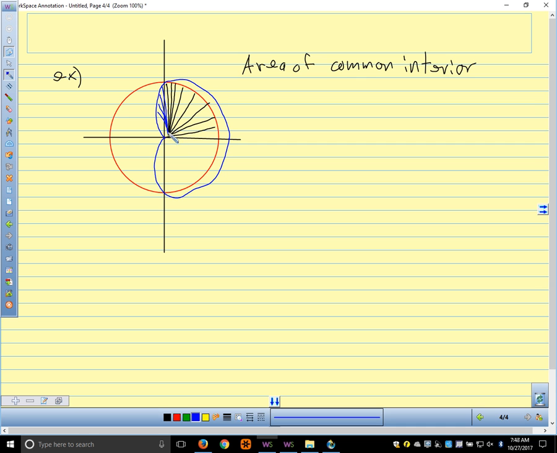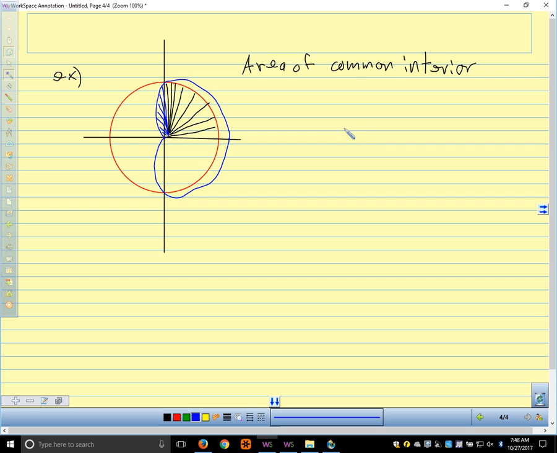So to find the area of the common interior, you have to add those two together. It's not big minus small or top minus bottom. In the first part, it's just the area of the circle, and in the second part, it's just the area of the cardioid, and you would add those two together.